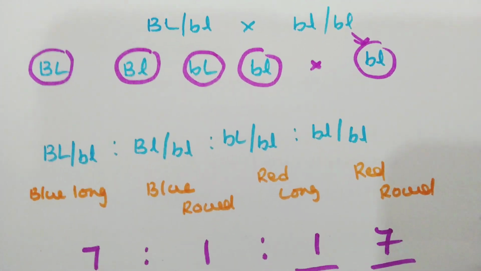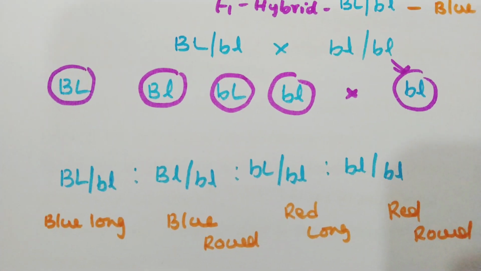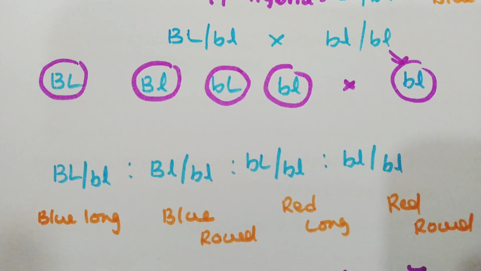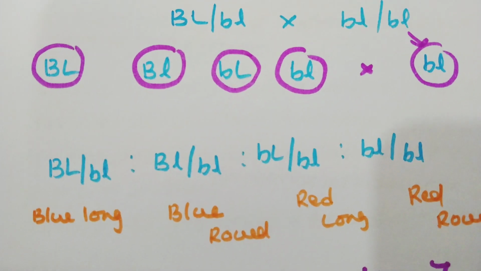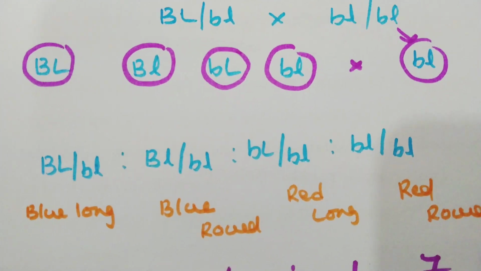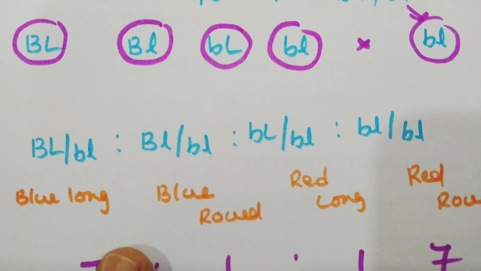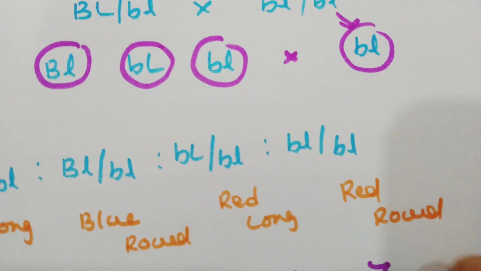Here the results are the same. In the coupling phase and the repulsion phase we get the same results, but the case is different. Remember: blue long, blue round, red long, red round.